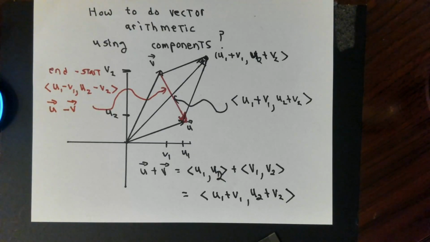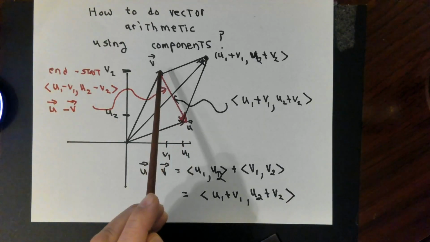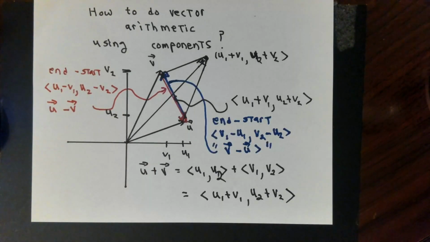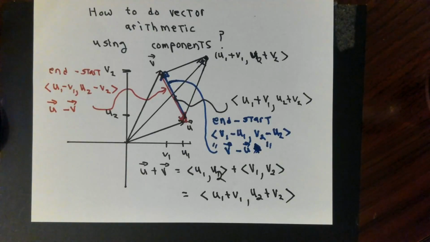In a very similar way, if I form the vector that starts here and stops there, then we'll be able to figure the components of that one out also. Doing the end minus start thing again, we see that we have the components of v with the corresponding components of u subtracted away. Obviously, the name that I'll give this vector is vector v minus vector u.